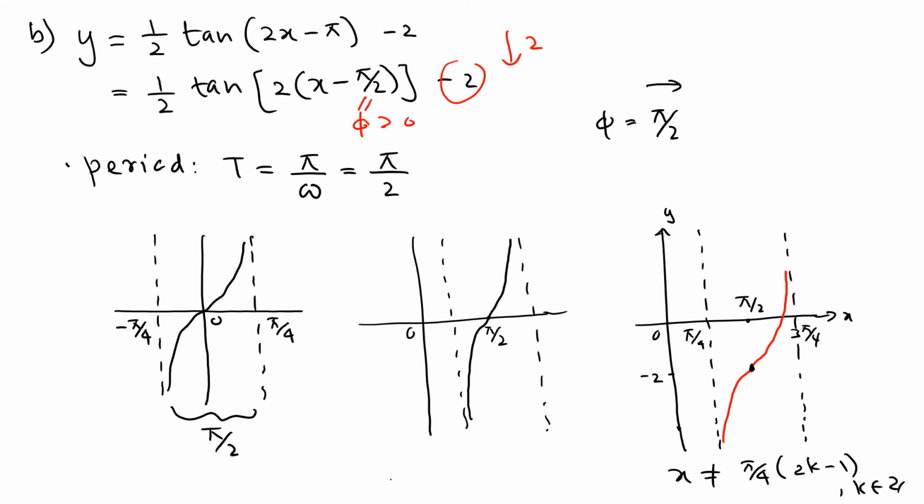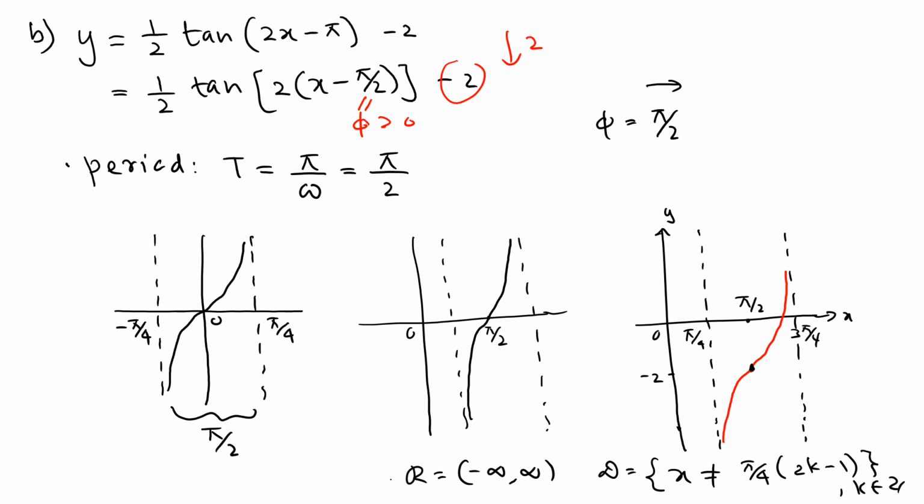We got odd multiples of pi over 4, you get asymptotes. Okay, so that's how the graph looks, and the range is all real numbers, but the domain excludes those values. X cannot be equal to these values. Okay, so that's about that.